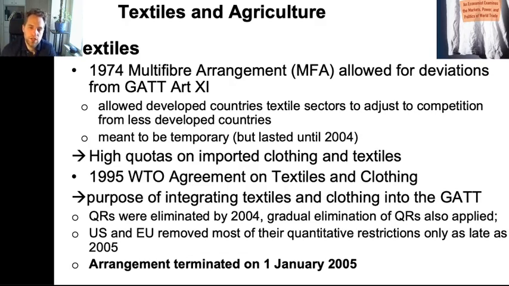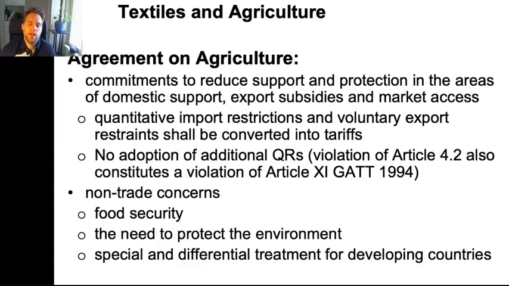At the end of the day, the United States and the European Union removed most of their quantitative restrictions, however only as late as 2005, and on 1st January 2005, the agreement to abolish the multi-fiber agreement and the special privileges, you could say, given to producers in the textile sectors in developed countries came to an end. But as you could see in our session on tariffs, there are still high tariffs on foreign textile products, but no quantitative restrictions.